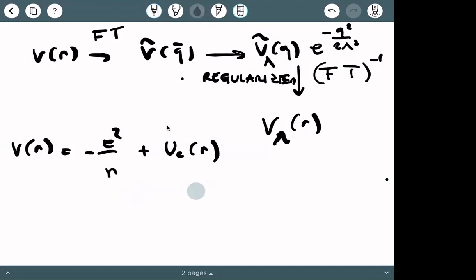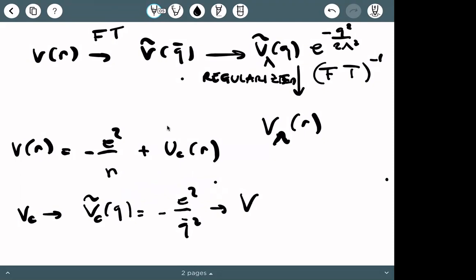And we began by thinking that we have to regularize the Coulomb potential. So let's say the Coulomb potential goes into the Fourier transform of the Coulomb potential, which is negative e squared over q squared. Now this goes into the regularized Fourier transform of the Coulomb potential. And then you can anti-Fourier transform.